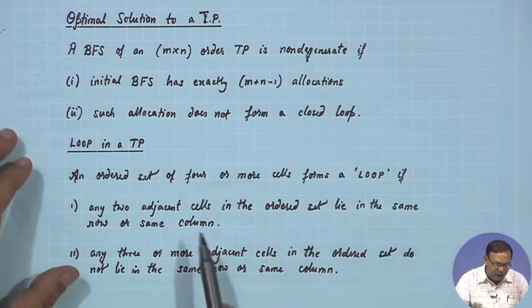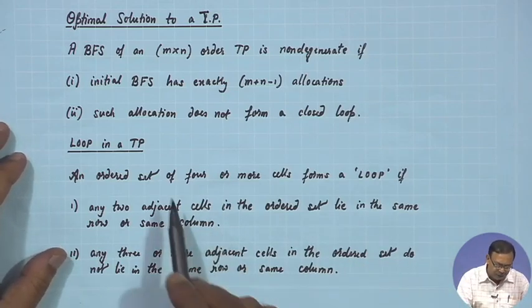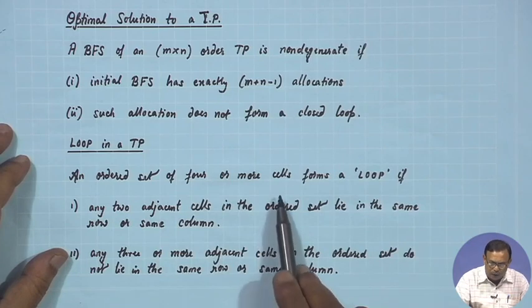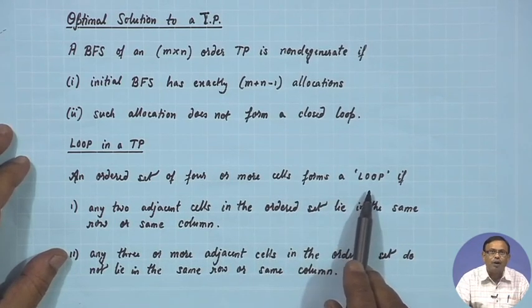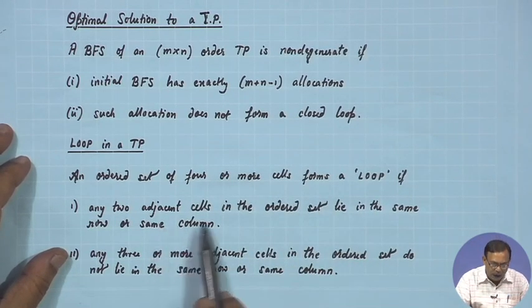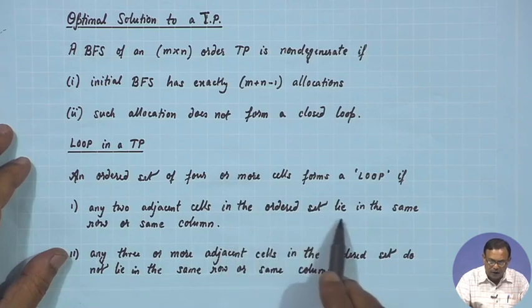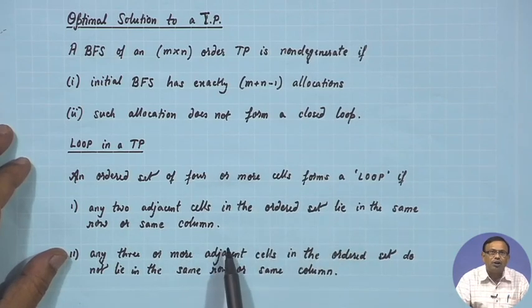So, what do we mean by a loop here? An ordered set of 4 or more cells forms a loop if any two adjacent cells in the ordered set lie in the same row or same column.